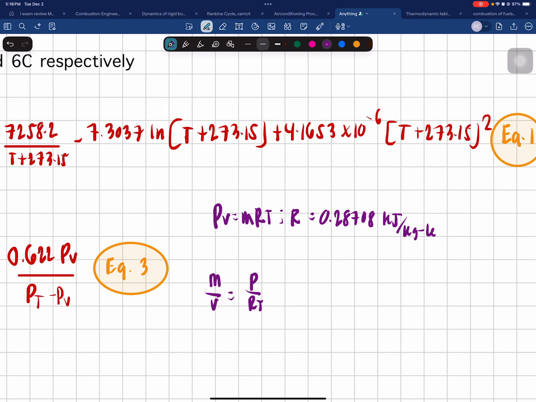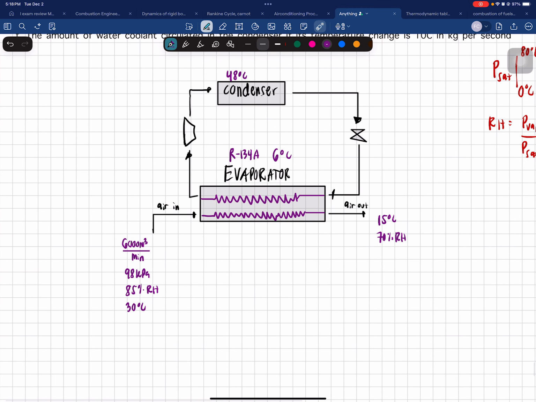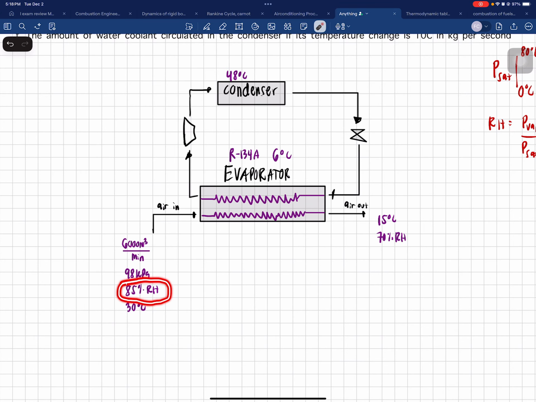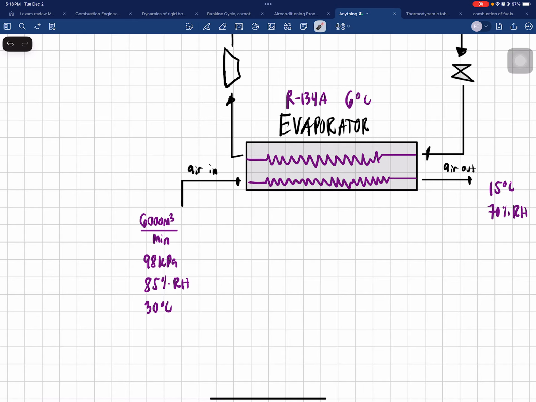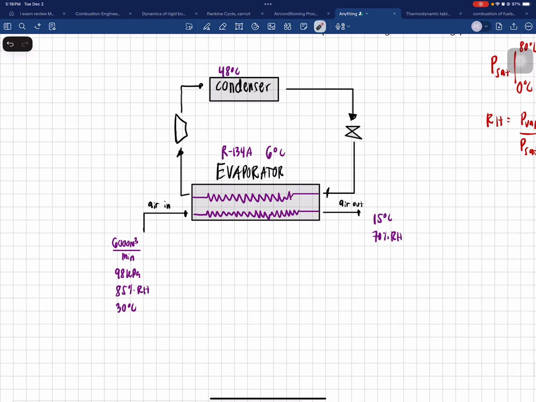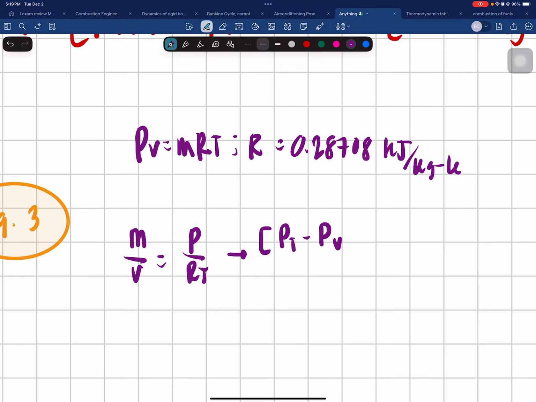But since we want the dry air, remember that the total pressure is wet. The total pressure is wet here, as long as you can see values of relative humidity. That means it contains vapor, droplets of water. So for it to be dry, you want the total pressure minus the vapor pressure.